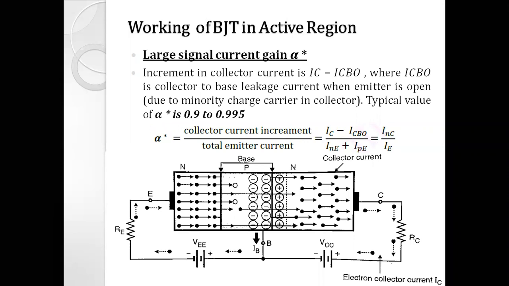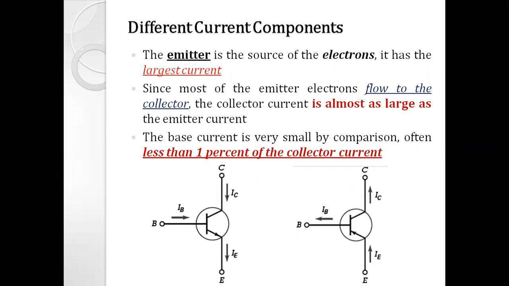So this is about large signal current gain alpha, and the typical value of alpha is in the range of 0.9 to 0.995. Now let us go through the different current components. Because the transistor is a three-terminal device, obviously there have to be at least three currents.